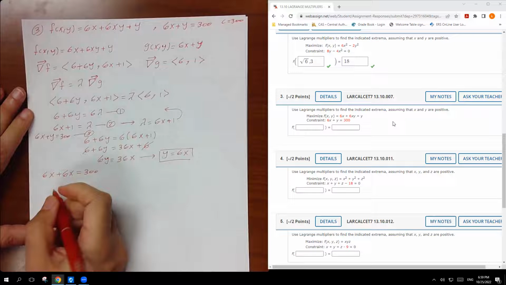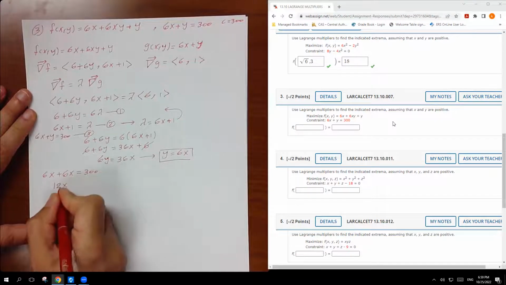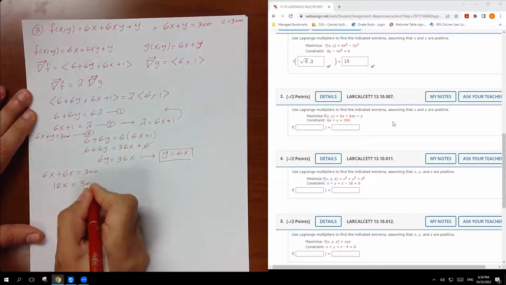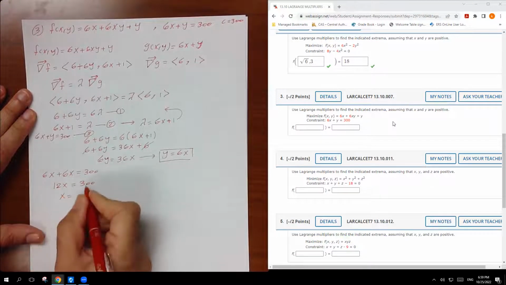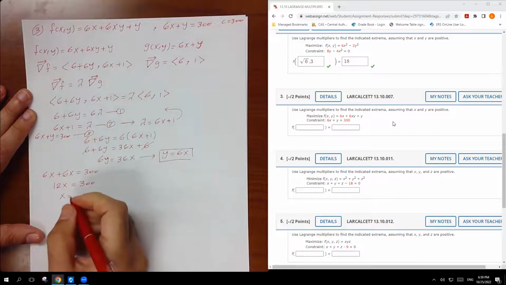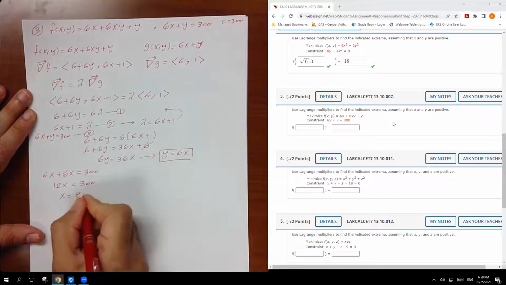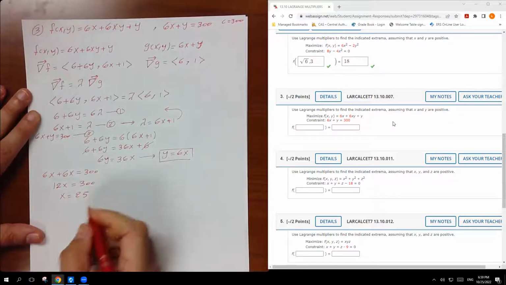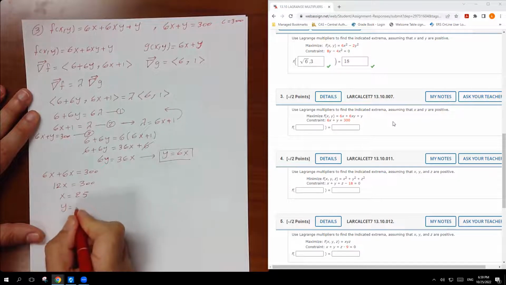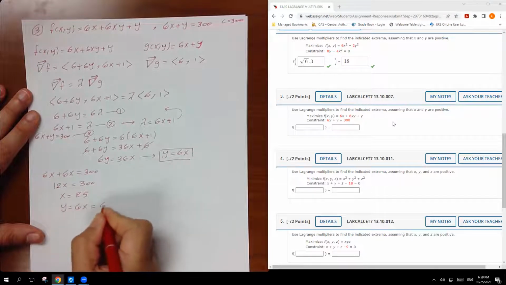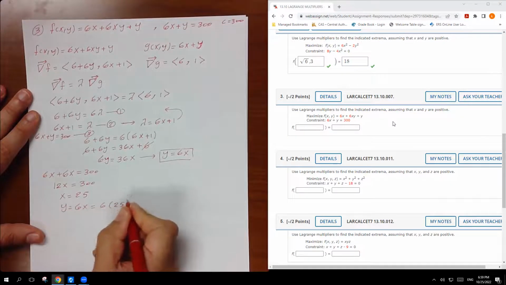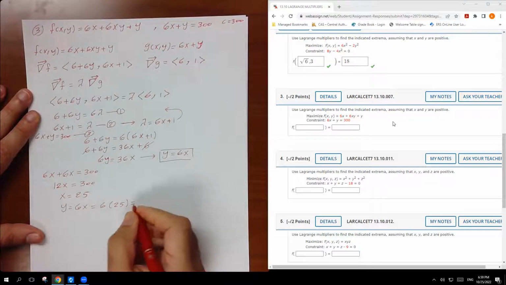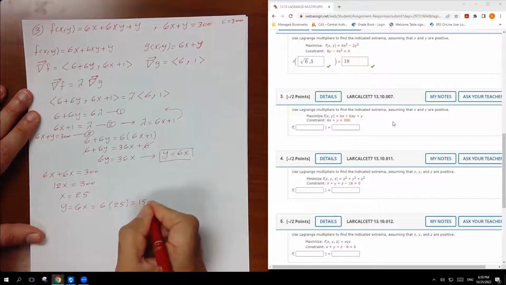That means 12x equals 300. So x is going to be 300 divided by 12, which is 25. That means y is going to be 6x, which is 6 times 25, which equals 150.